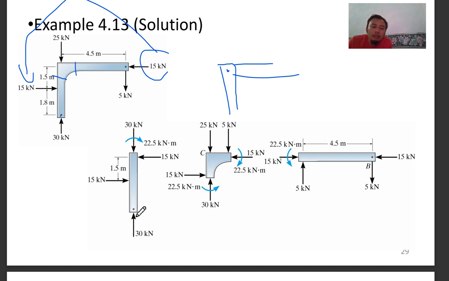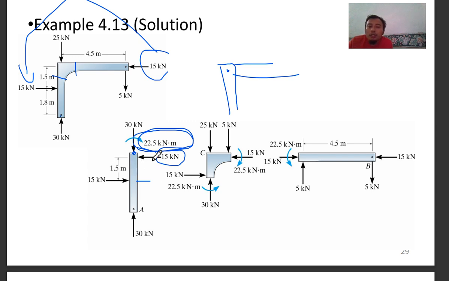Basically, this is your normal force, which will be counted here, and then you have a horizontal force acting here, which will be counted in the section here as 15 kilonewton. Then you take moment at this point, so you get your internal moment here, because you have 15 kilonewton times the moment arm of 1.5.